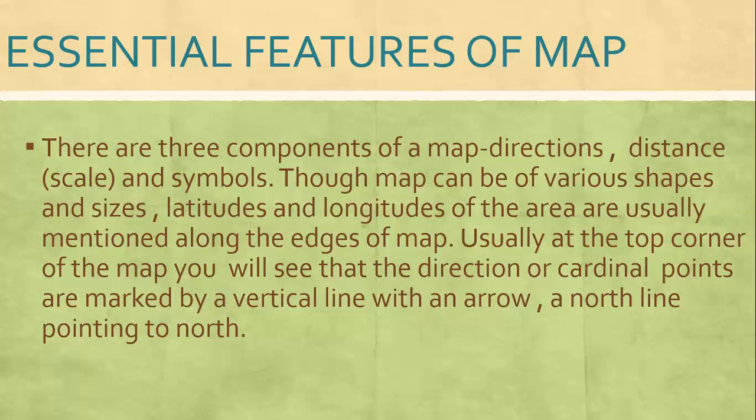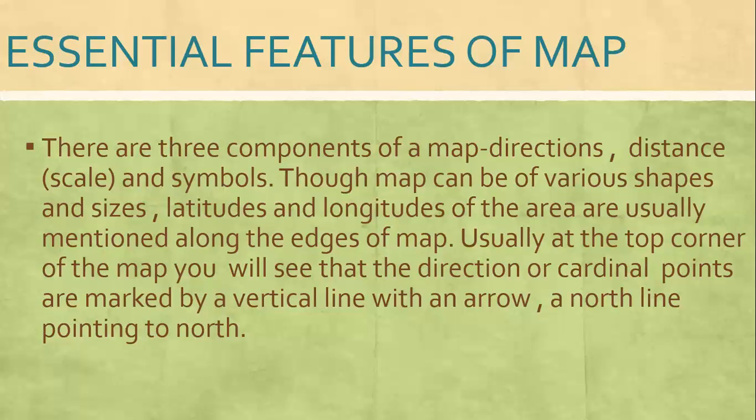Students, these points and directions show how you will read the map. They are pointed out to study the directions properly. Now this is about the top edge. What about the bottom?